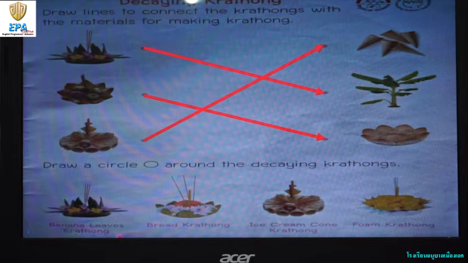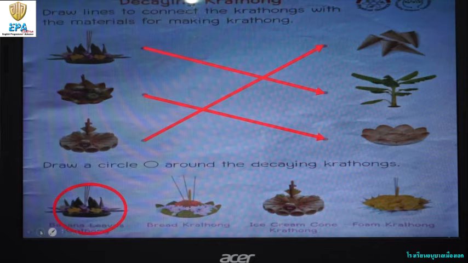First, we have banana leaves, bread kratom, ice cream cone kratom, and the foam kratom. What do you think, kids? Does the banana leaves kratom decompose or decay? Yes. Okay, very good. Yes, it can decompose. So you have to circle it.